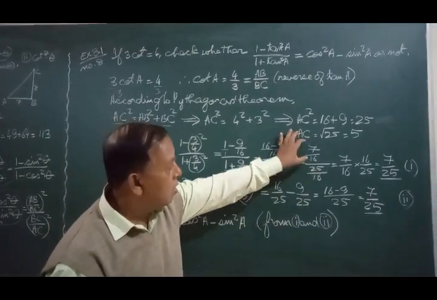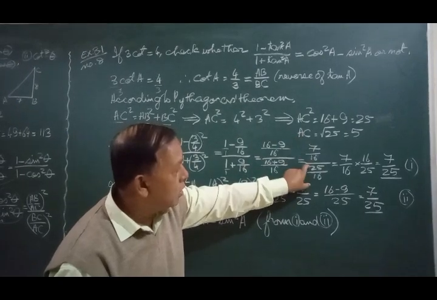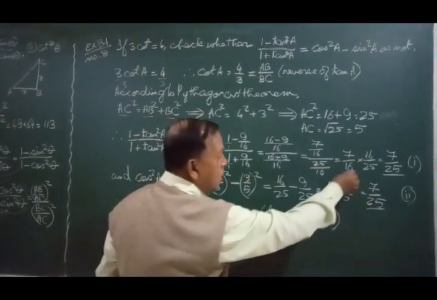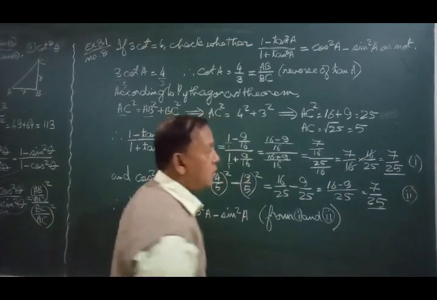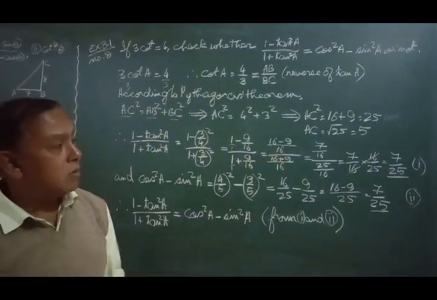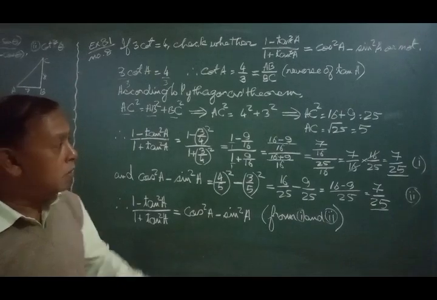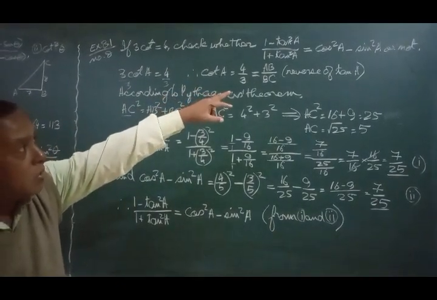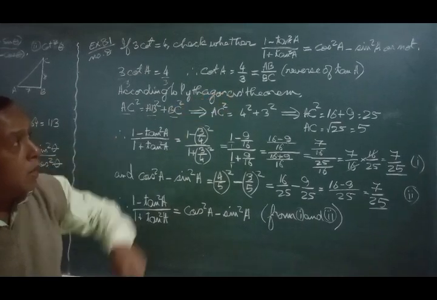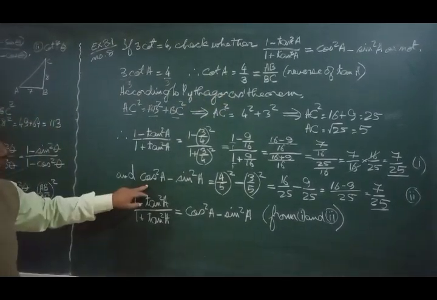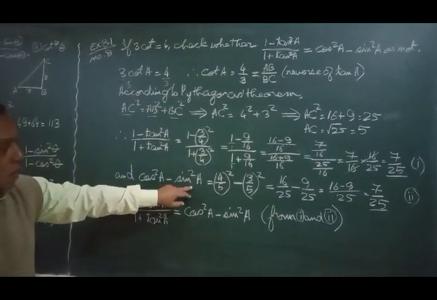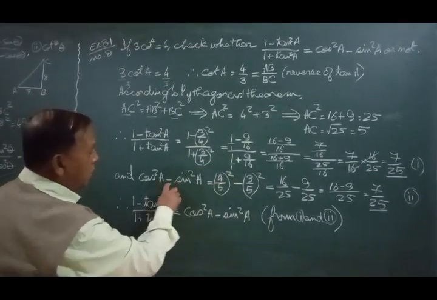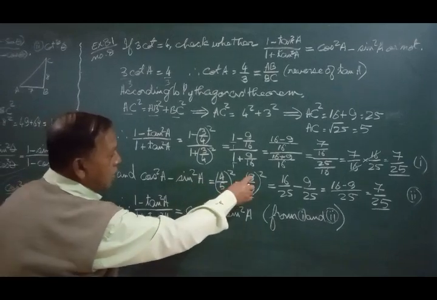This fraction divided by this fraction, that is cross multiplication. When you cross multiply, what happens? These two cancel each other and we have the answer 7 upon 25. The first part, left hand side. Look at the right hand side. Cos squared A minus sin squared A. Cos squared A is equal to 4 upon 5 whole squared, minus sin squared A, 3 upon 5 whole squared.